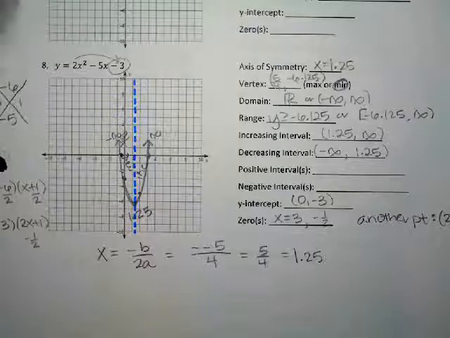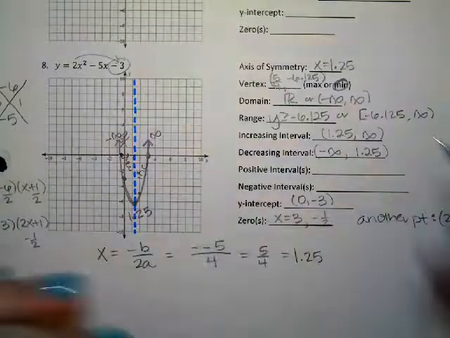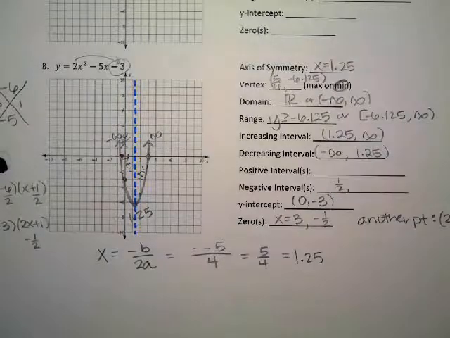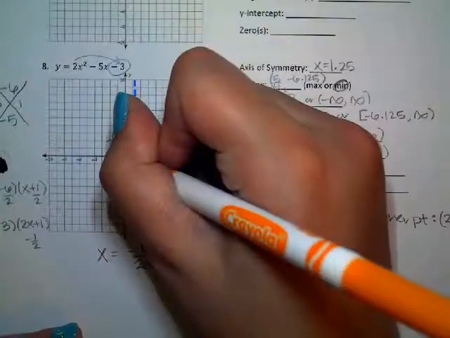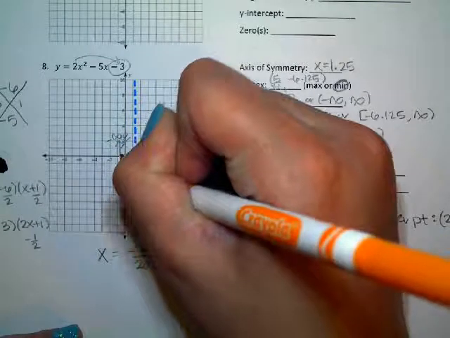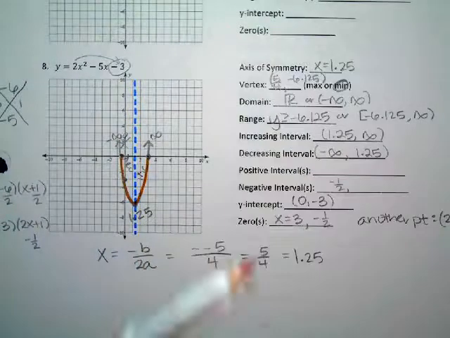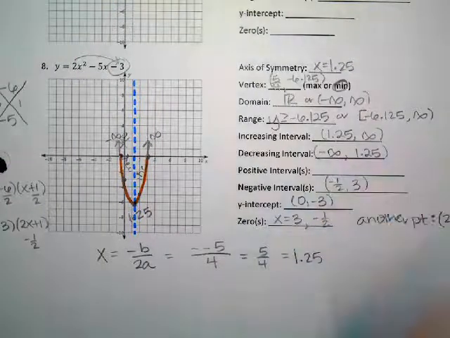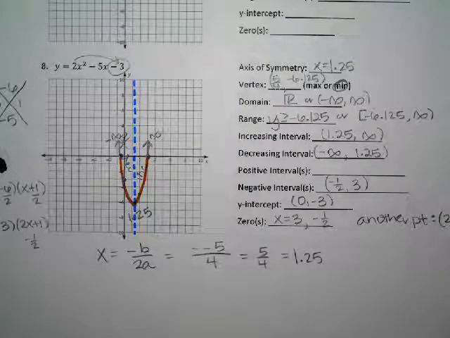So it's negative from negative 1/2 all the way over to 3. Okay? My positive interval is going to start at the left arrow, which is negative infinity. And it's going to go to the first x-intercept, which is negative 1/2.